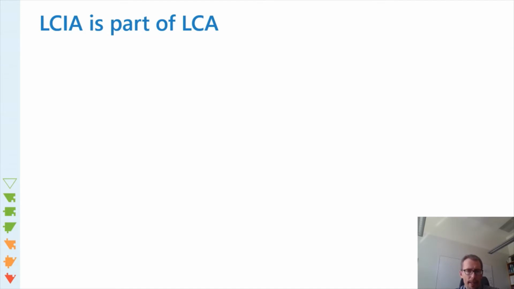Life cycle assessment is a 4-step process, of which life cycle impact assessment is one. So let's go through those 4 steps to see where this fits. The first step in an LCA, according to the ISO standards, is the definition of the goal and scope of the study.